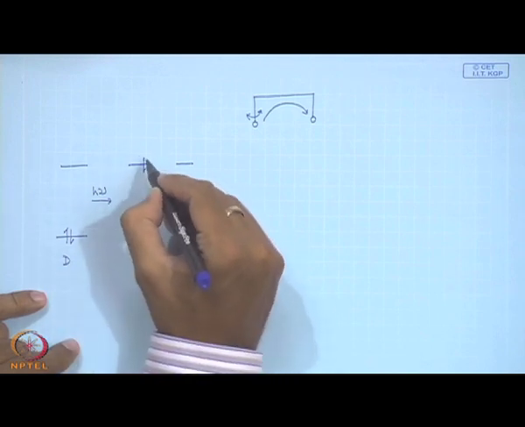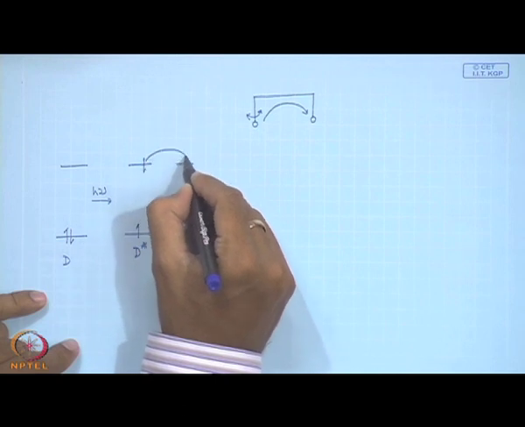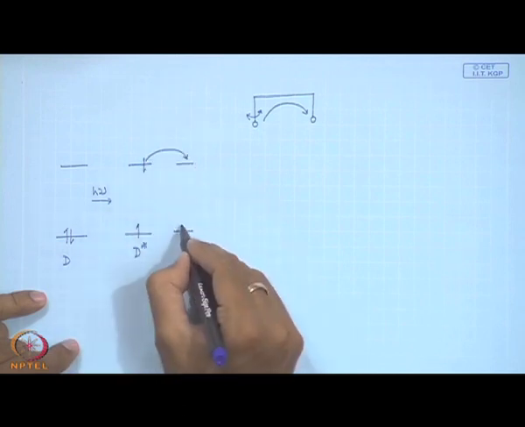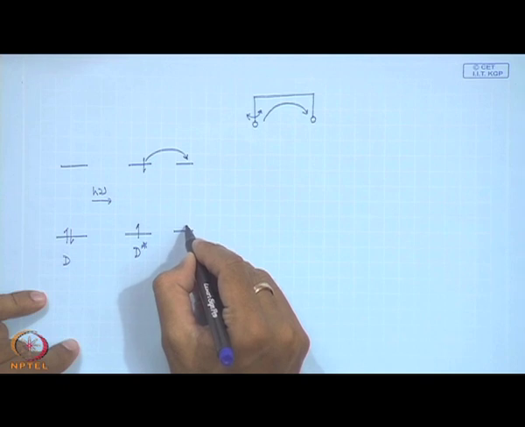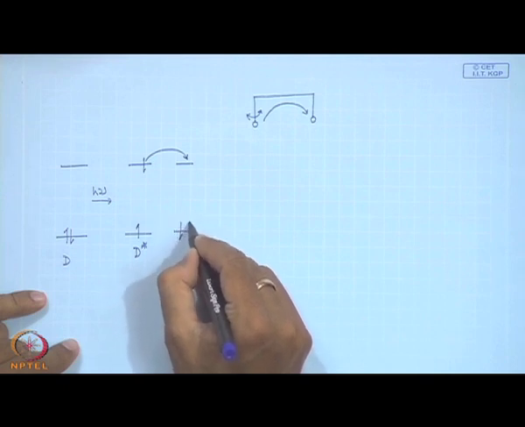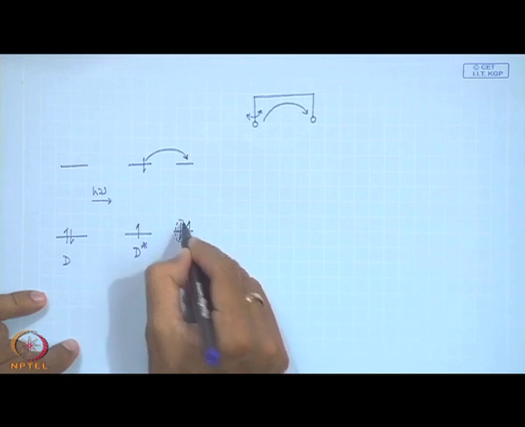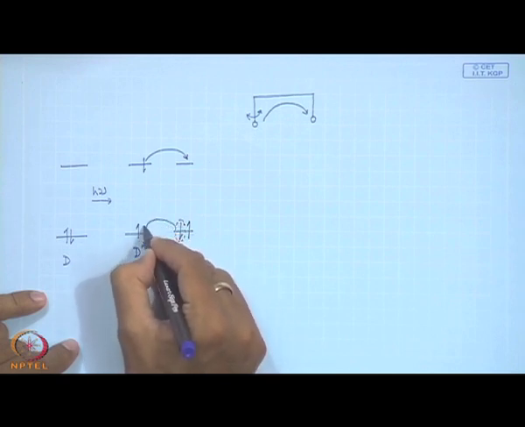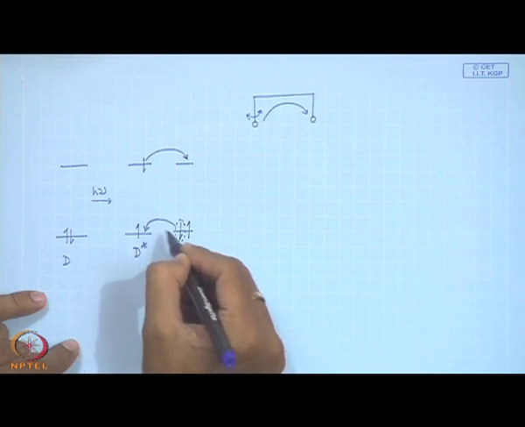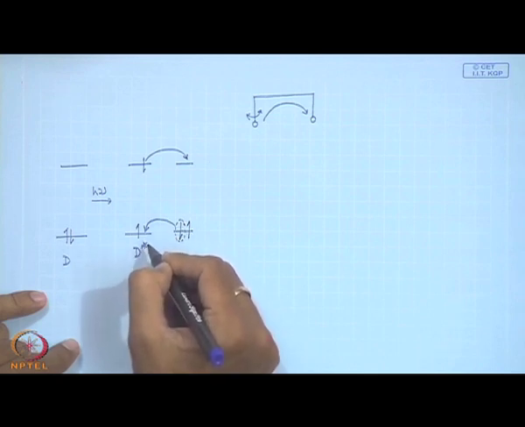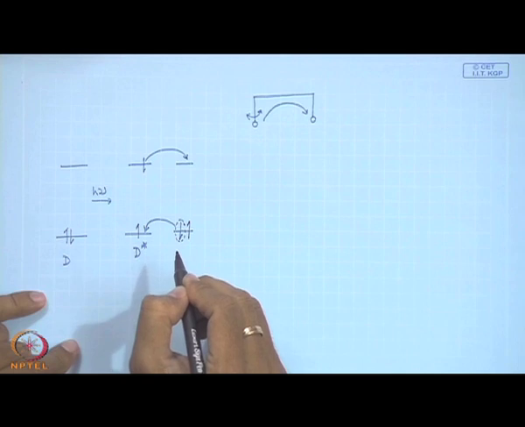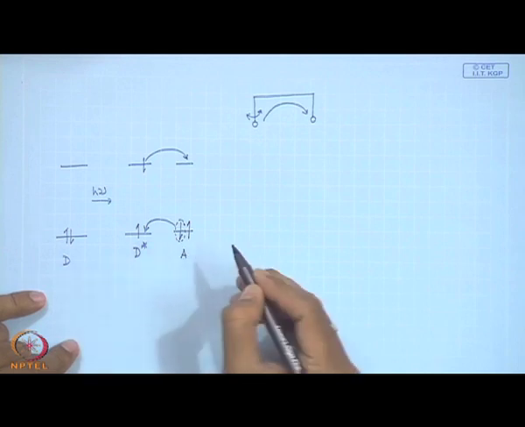Then you can think of this electron being transferred to here, so that it will generate your ground state D. So, this is your A. Okay.